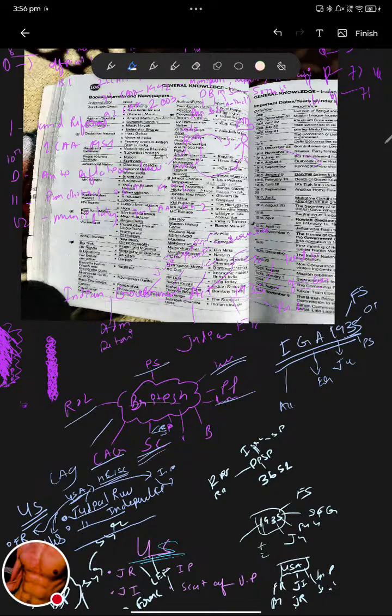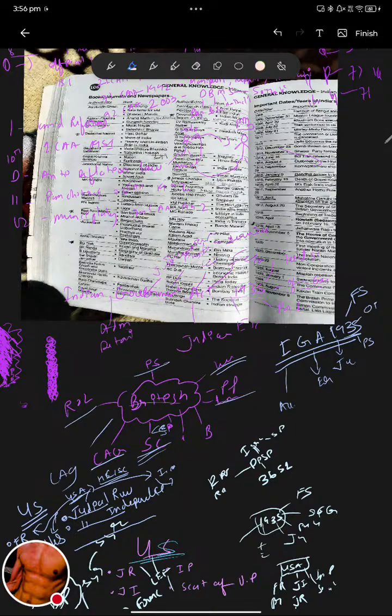Dadabhai Naoroji, Voice of India. Satyanath, Swaraj. Then M. K. Gandhi, Young India, Indian Opinion.